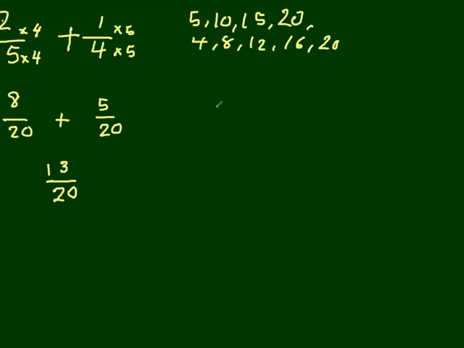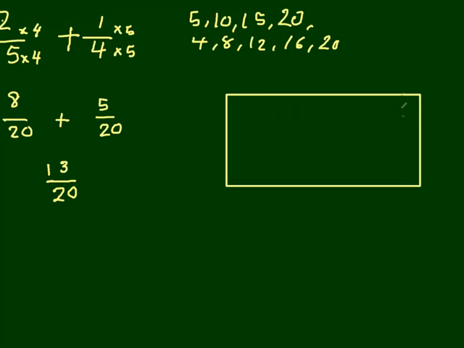If you want to show how to do this on a grid, you can do that. What you need to do in that case is draw a rectangle. And in that rectangle you can see that I've got 2/5, so I need to split this rectangle into 5 parts.